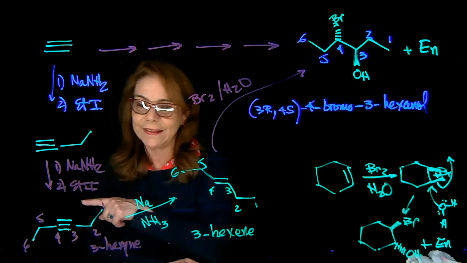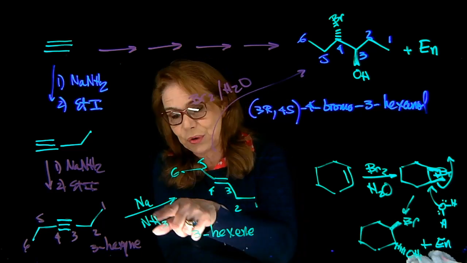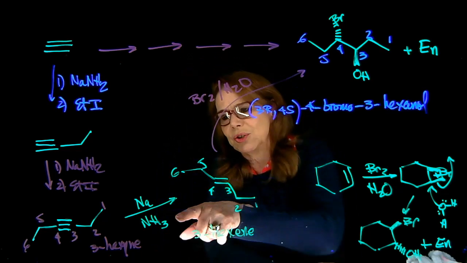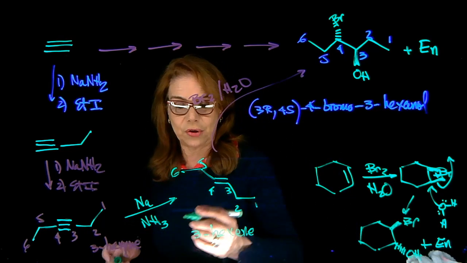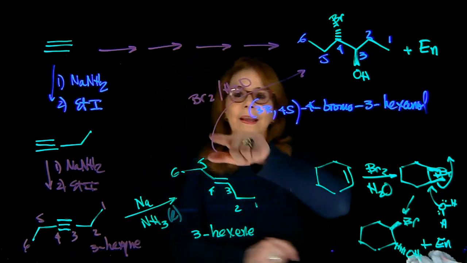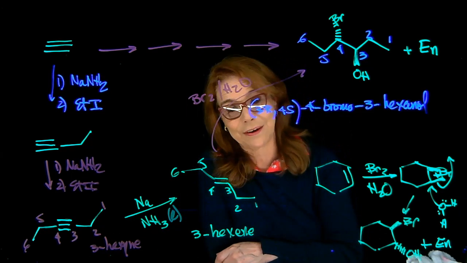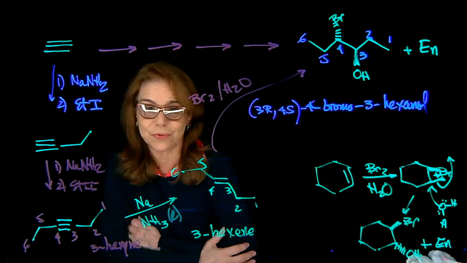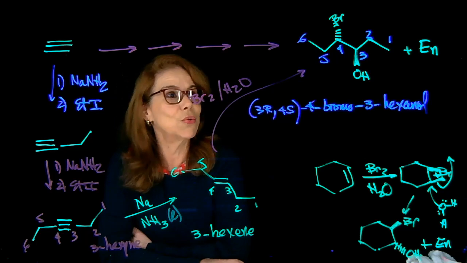We repeated that. And then we do a partial hydrogenation, but this time we use sodium metal reduction with liquid ammonia, and that will produce the trans alkene. And then we will do bromine in water to give us the final product. And again, remember that we will have a mix of enantiomers in that reaction. So that is the general strategy to make that compound.